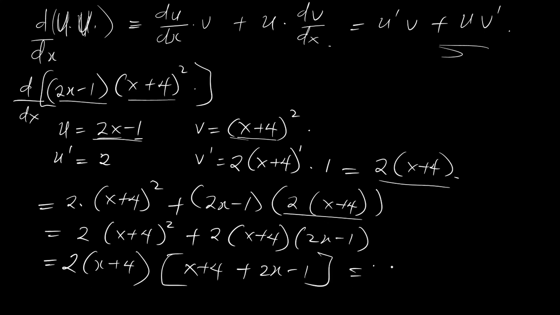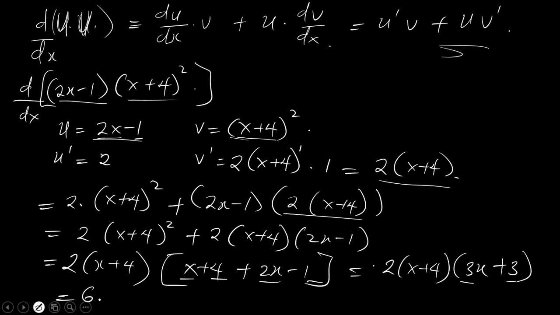Now the whole of this is 2 into x plus 4, and here it will be this plus this, which is 3x. Then 4 minus 1 gives you plus 3. So the whole of this, 3, can still be factored out. So now you have 6 into x plus 4, x plus 1. So this is the final answer.